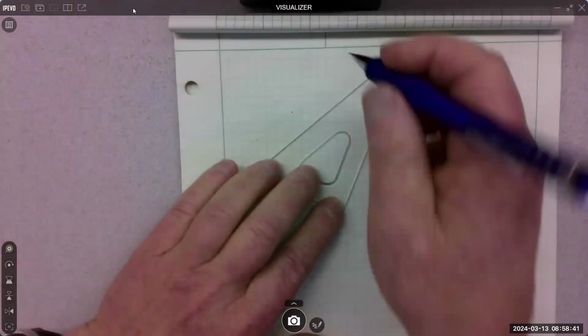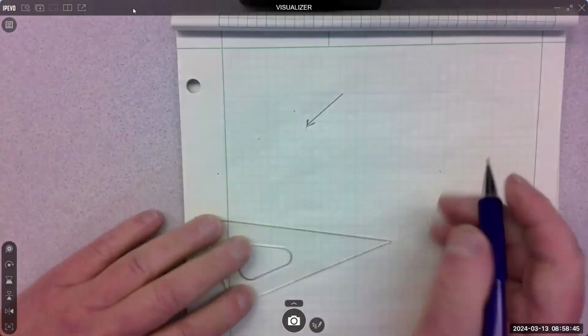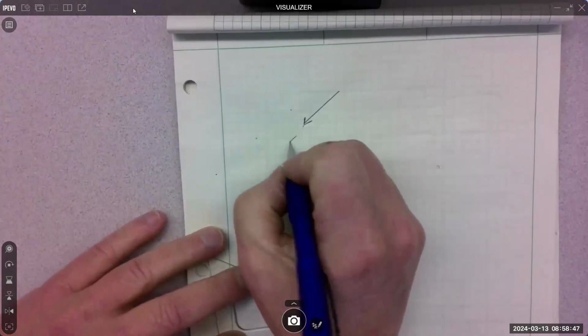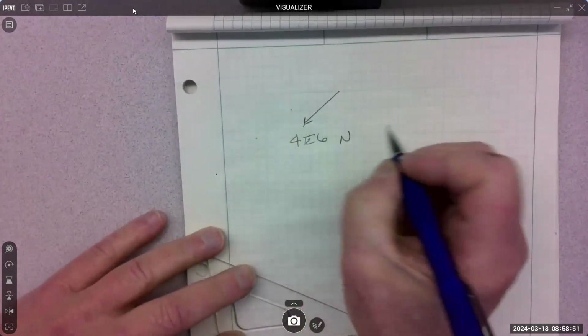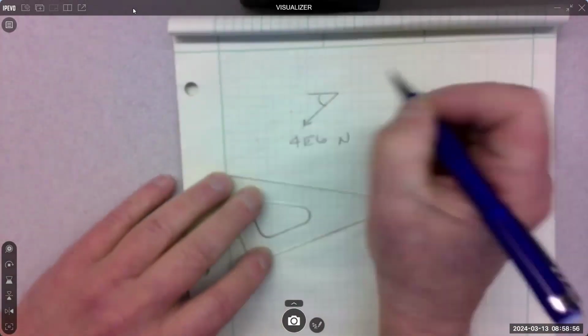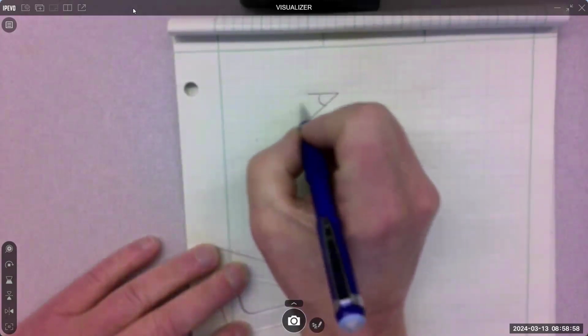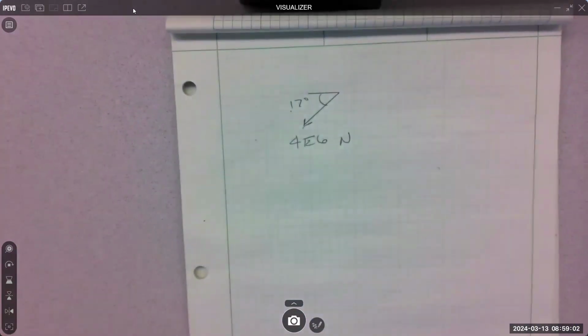You're salivating if you see a problem like this. You're so happy. 4E6 newtons at 17 degrees. Find the components of a force.